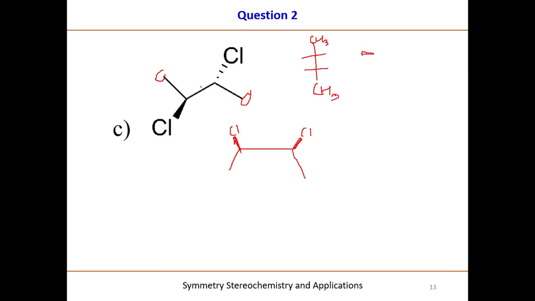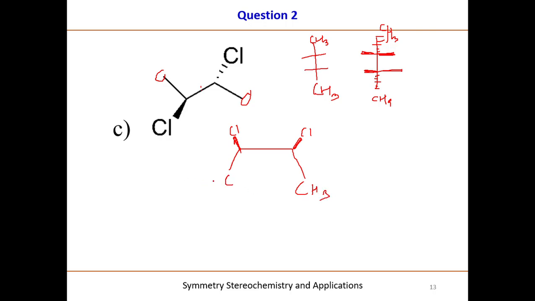I will write here, this is above the plane, this is above the plane, this is above, and this is below the plane, these two here. So these CH3s are below the plane on the same side. That's why I have written here on same side.